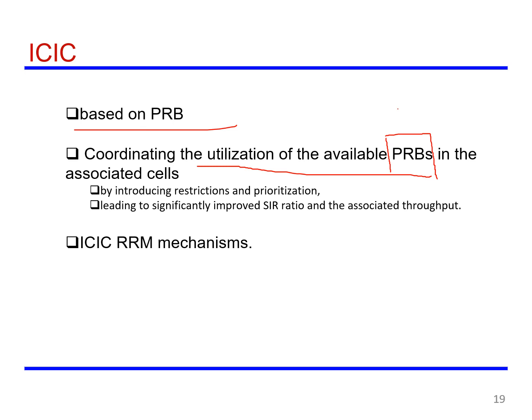So which PRBs are to be restricted and which PRBs are to be prioritized is decided based on the requirement, based on the interference issue at the cell edges. Thereby, if you implement ICIC, the SIR, the signal to interference ratio, will be improved, and thereby the throughput also increases. And how is ICIC implemented? Through RRM mechanisms, radio resource management mechanisms.